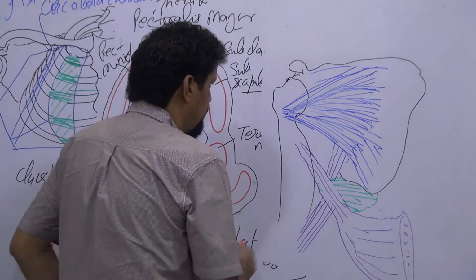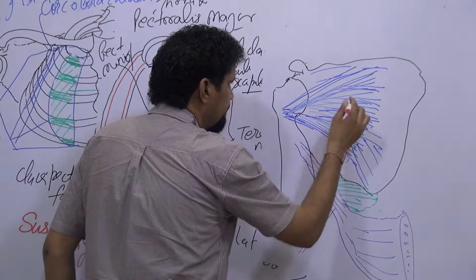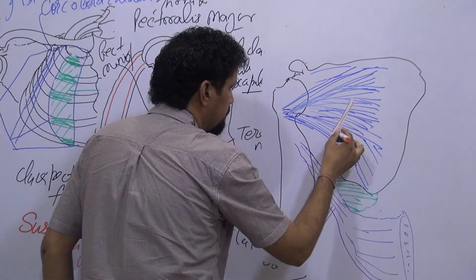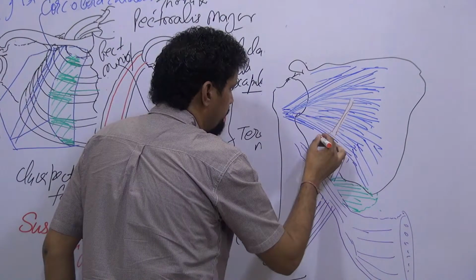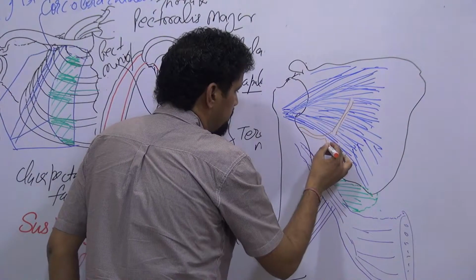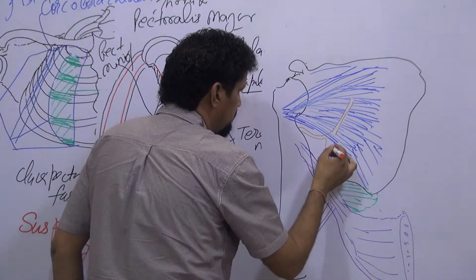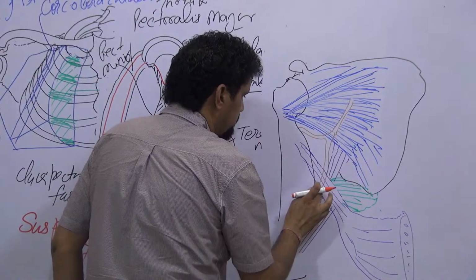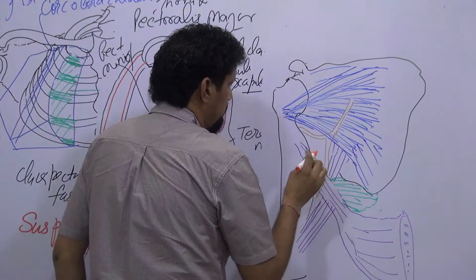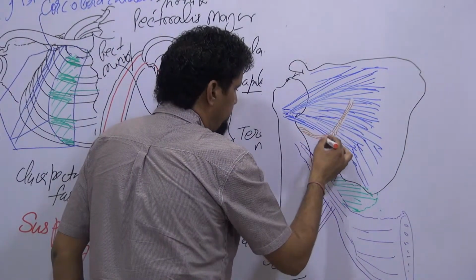This is the posterior cord of the brachial plexus. So this is the posterior cord of the brachial plexus.